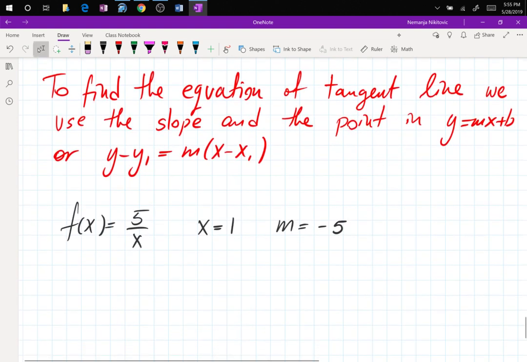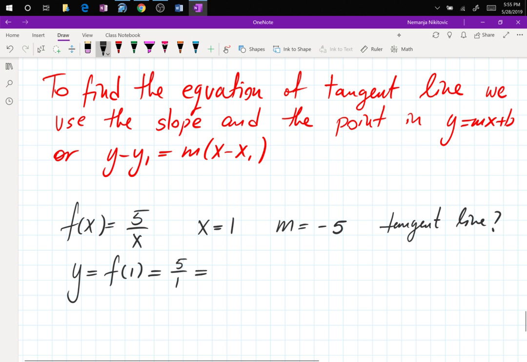So now we are asking ourselves, what is the equation of the tangent line? Well, I can calculate the y value as f of 1, which is 5 over 1, which is 5. And now I have (1, 5) as a point, and m equals negative 5.